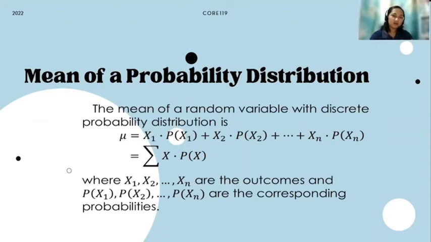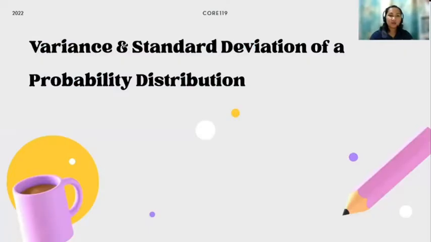Aside from the mean of the probability distribution, we also have the variance and standard deviation. This is also in relation to the probability distribution that was presented a while ago. I think most of you have ideas about variance and standard deviation when summarizing data, right?